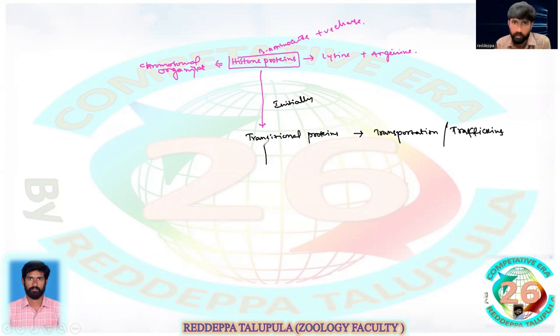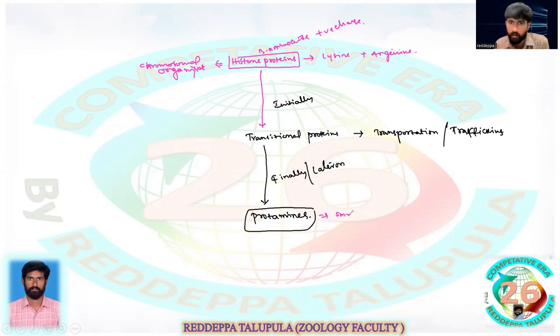Later on, these transitional proteins are replaced by protamines. Okay, protamines. Keep it in mind, protamines are small proteins rich in cysteine plus arginine.